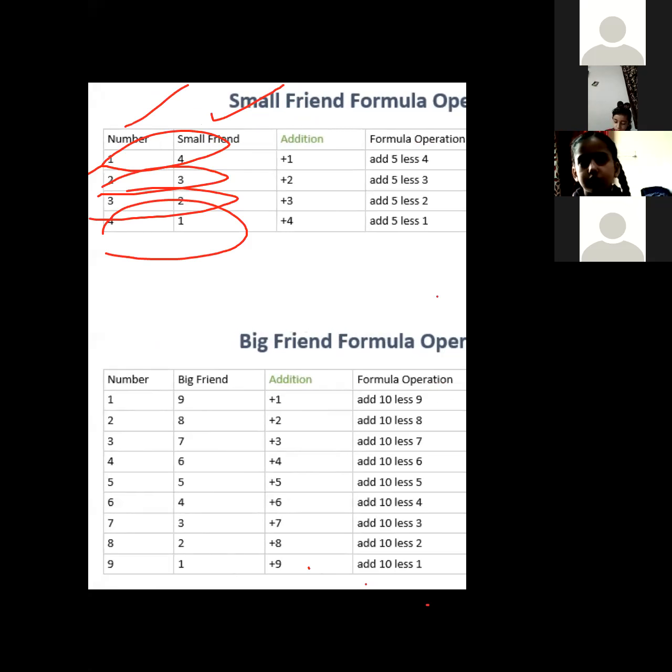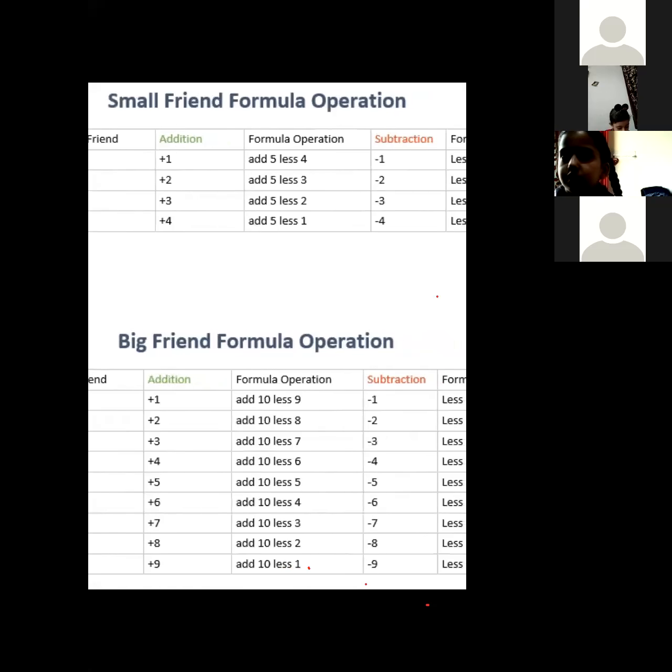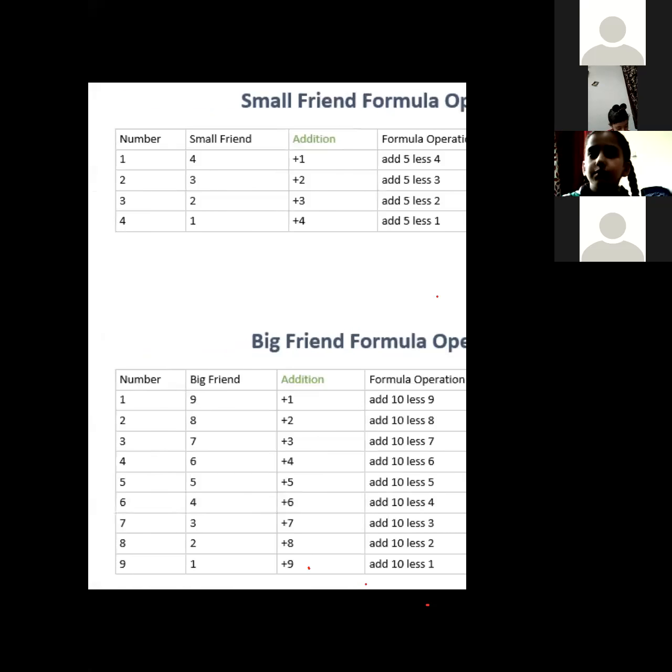So I'll ask one of you. Yes, Kashvi Gorkha? Yes, ma'am. Okay, Kashvi. On the screen, you can see small friend formula operations is written. These are the numbers 1, 2, 3, and 4. So what is the small friend of 1? Ma'am, 4.